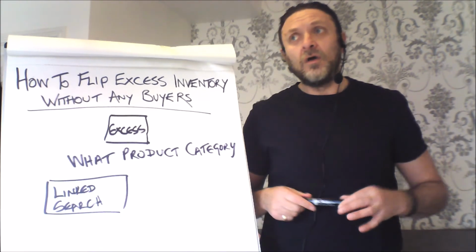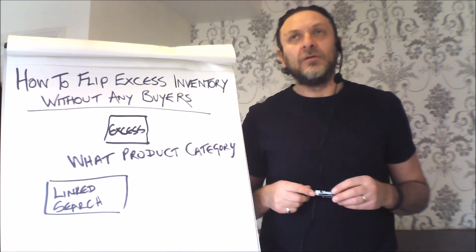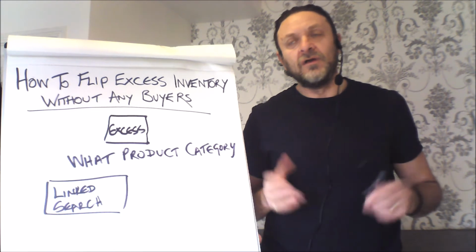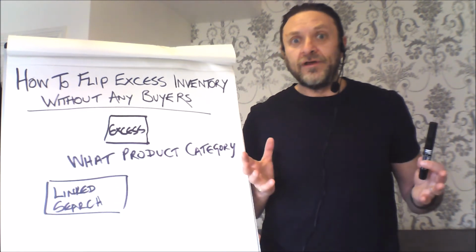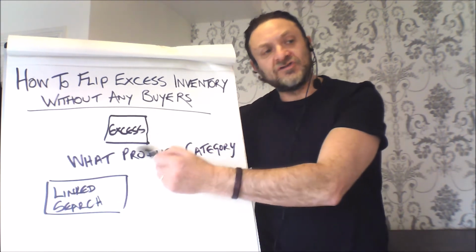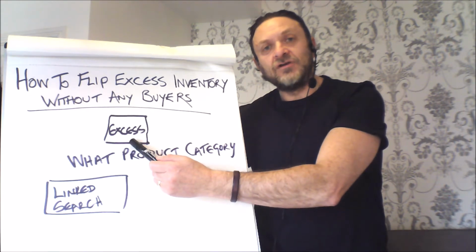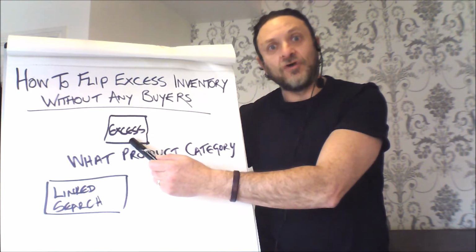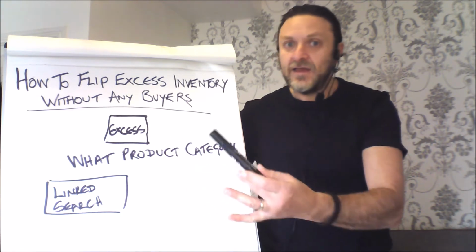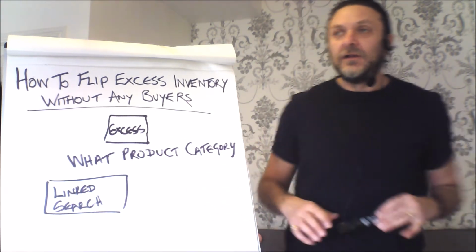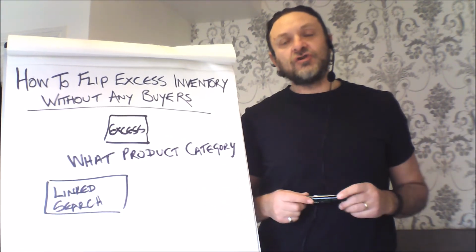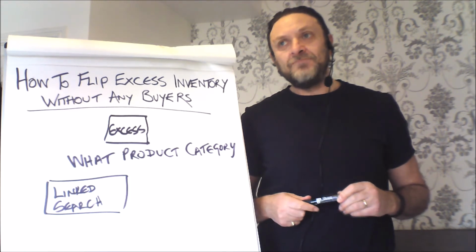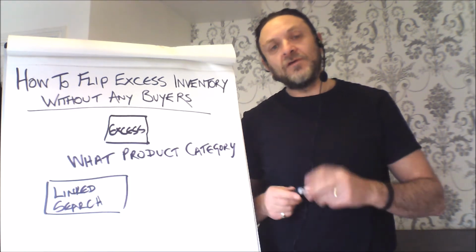Let's take an example, a very broad product category: clothing. If you were offered some excess inventory of clothing stock, whether men's, ladies', children's, whatever, you can do a search on LinkedIn of people who are in the clothing industry.